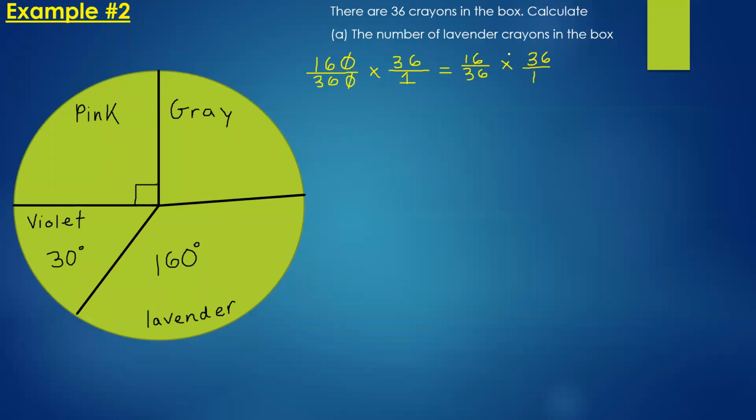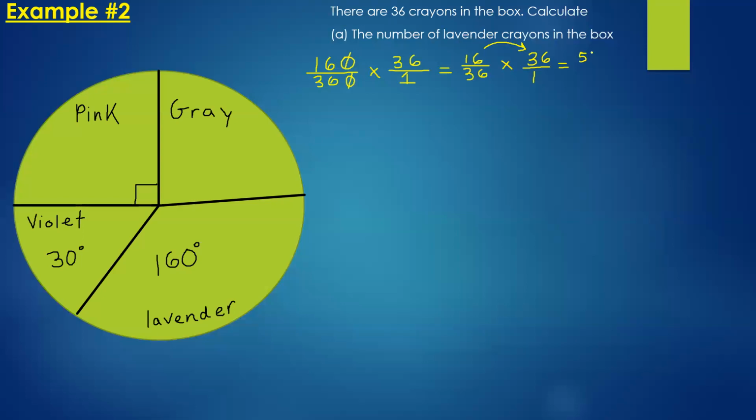What could we do at this point? Multiply 16 by 36. Very good. What do we get when we multiply 16 and 36? 576.